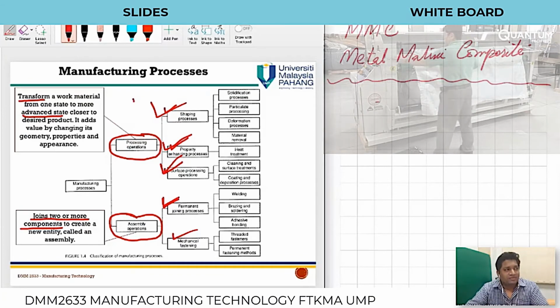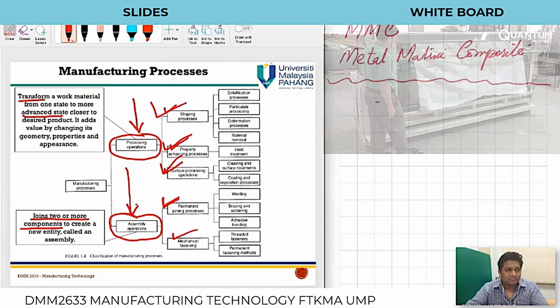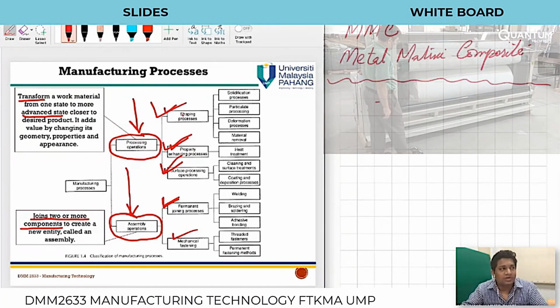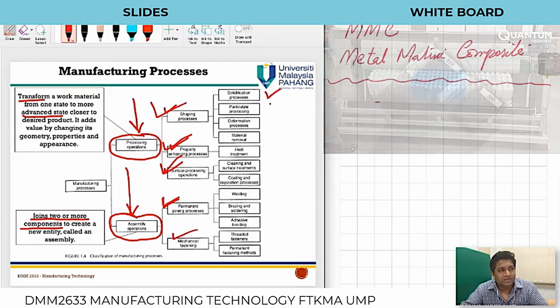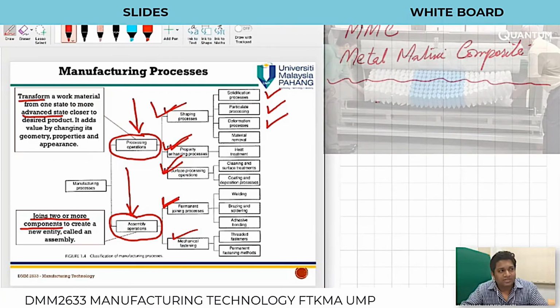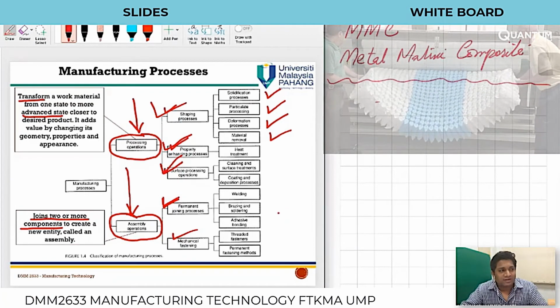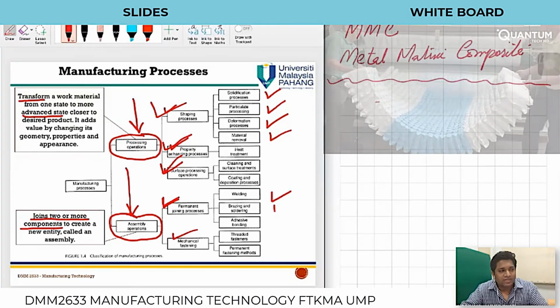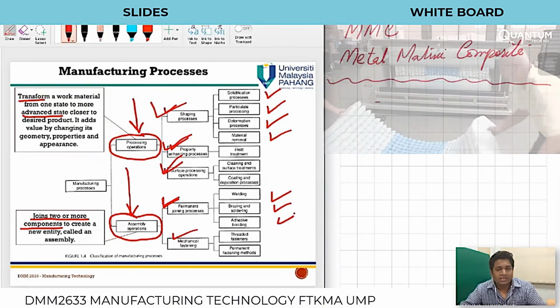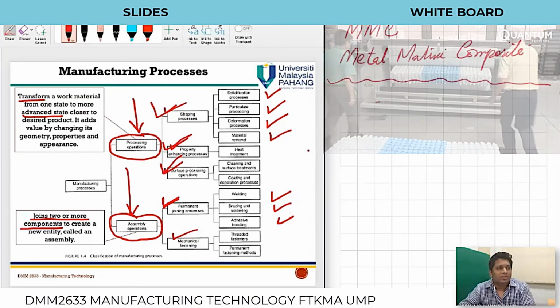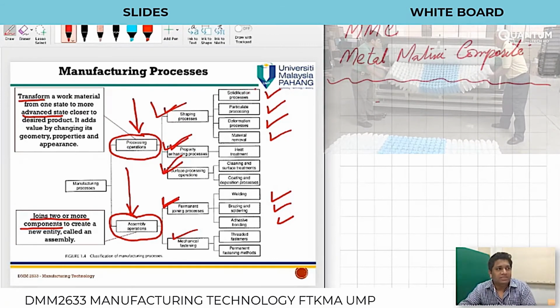I will give you a brief introduction to processing operations and assembly operations. Now in manufacturing subject, we are going to learn solidification, particulate, deformation process, material removal process, and we will learn welding, brazing, and adhesive bonding. In this course, we are going to learn these only.